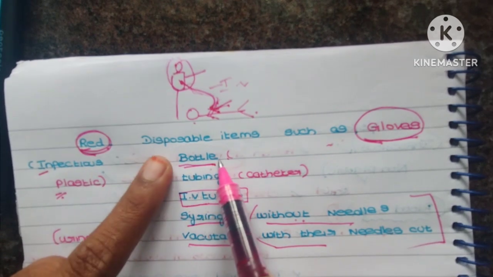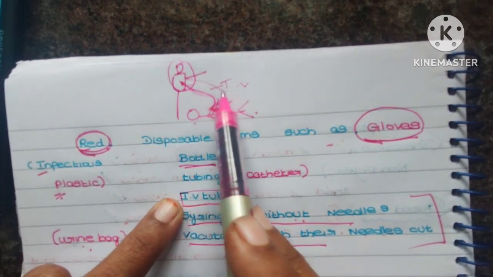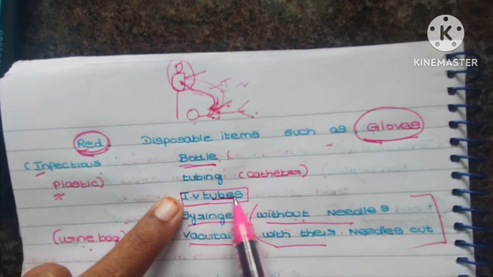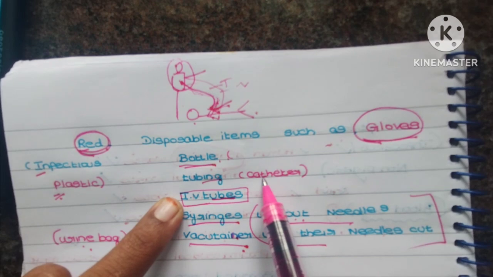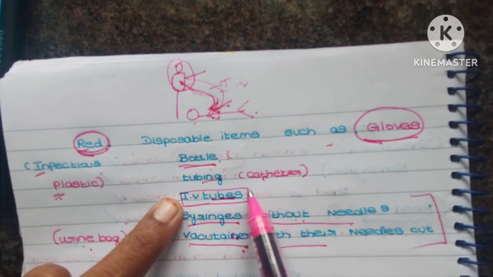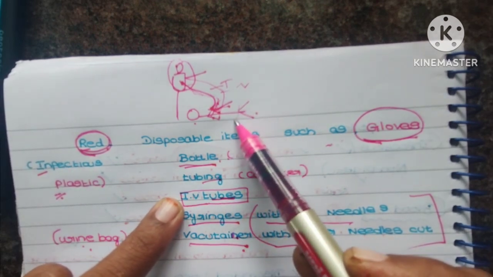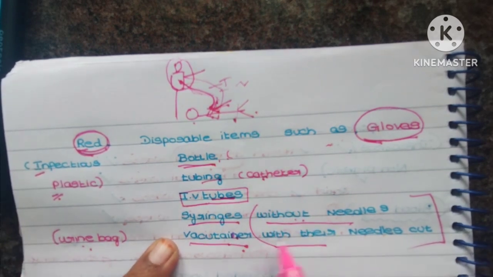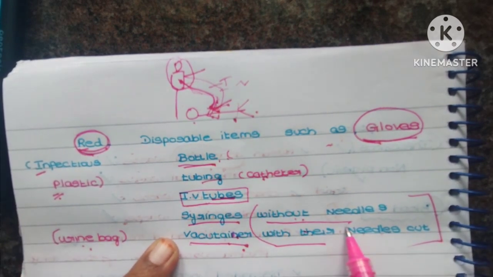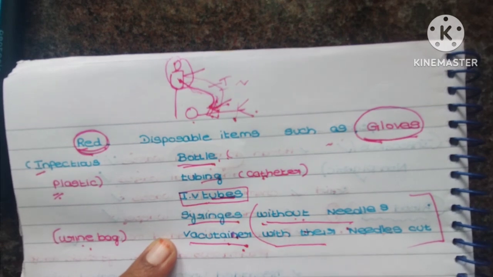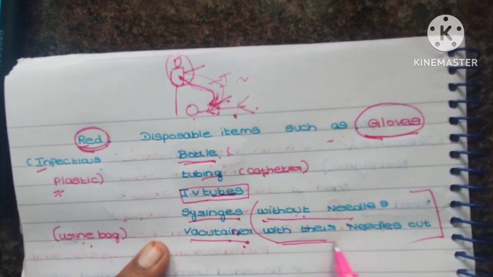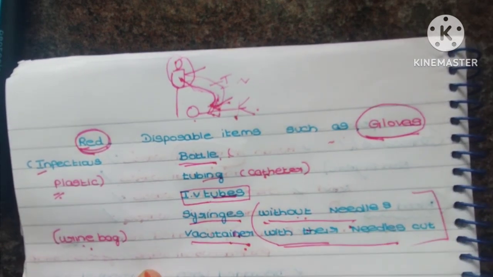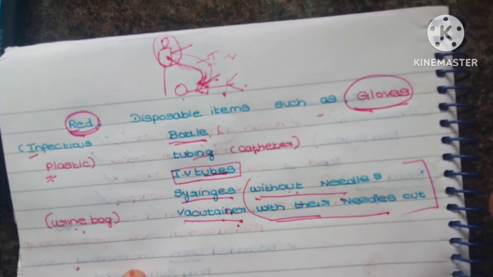So first the bottle, next the IV tube, and from the tubing you can include catheters, Foley's catheter, everything comes here. After admission, you want to send a patient sample. For that, you take a syringe without needles, and after taking the sample you put it into a vacuum container, also without the needles.